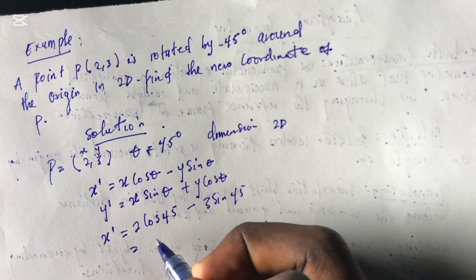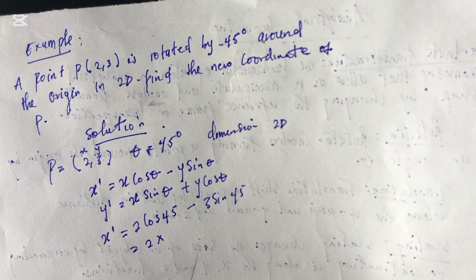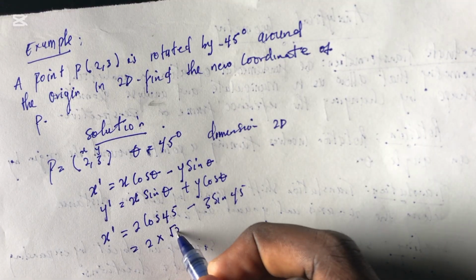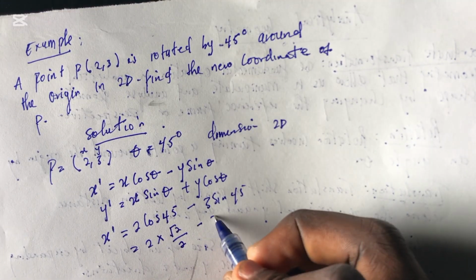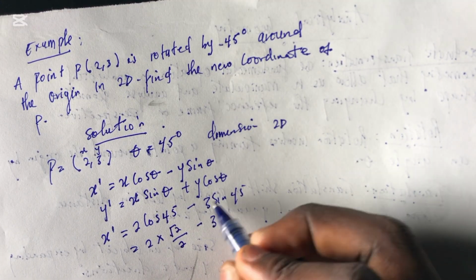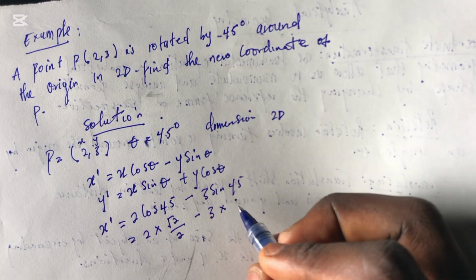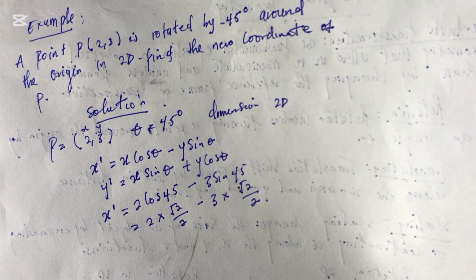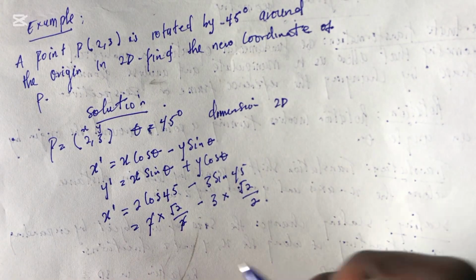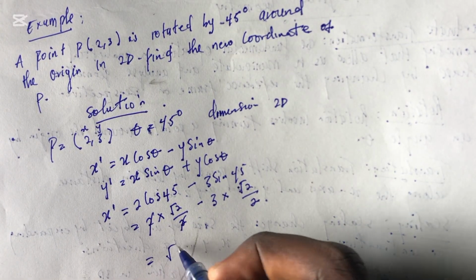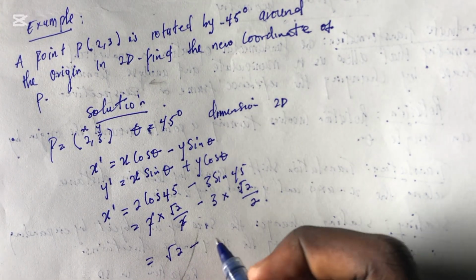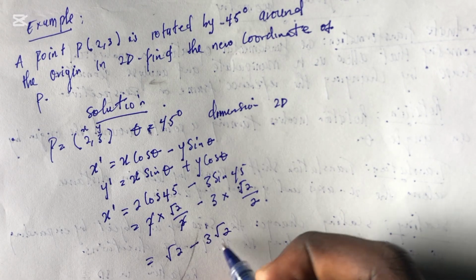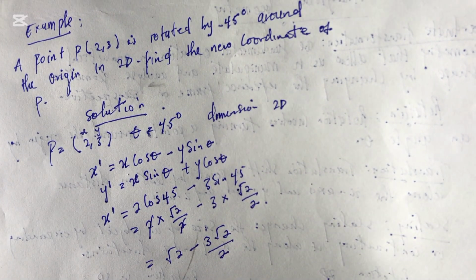To solve this, we have 2 times cos 45, which is root 2 over 2, minus 3 times sine 45, which is also root 2 over 2. The 2 can cancel here. So this is root 2 minus 3 root 2 over 2.